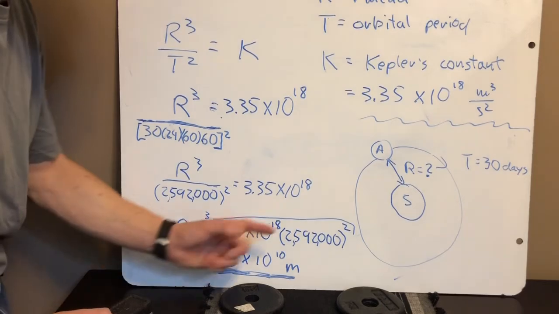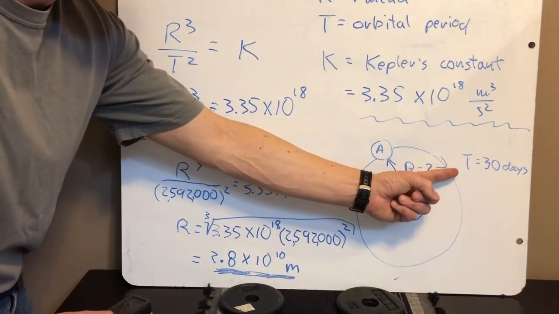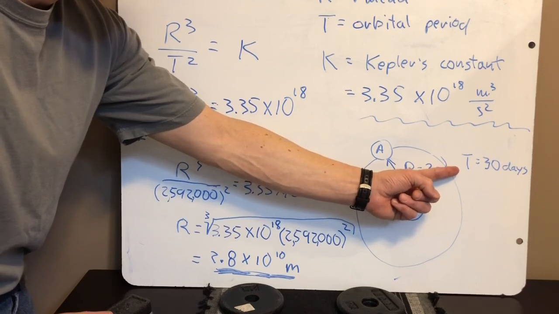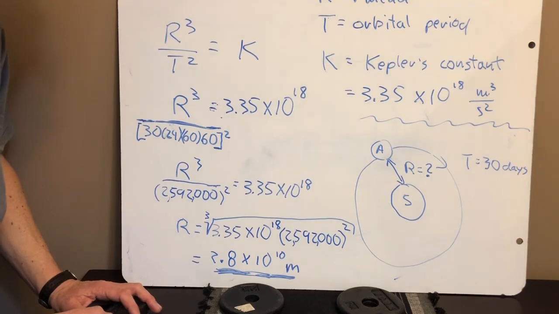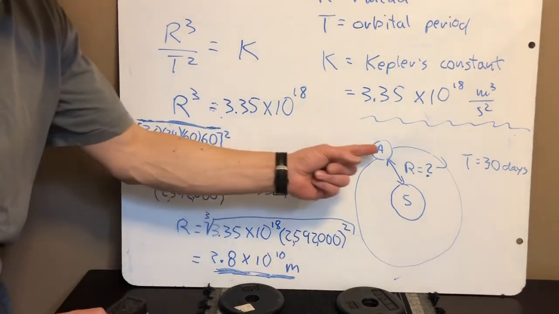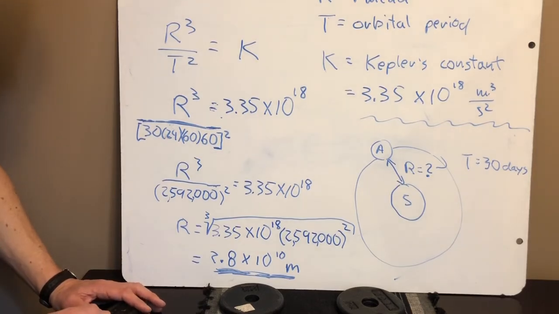It takes the Earth 365 days to go around the sun. Our little asteroid is going around the sun every 30 days. So that means it doesn't take as much time to go around the sun. It's got to be a lot closer. So yeah, this makes sense because it's less than the Earth's radius of orbit.